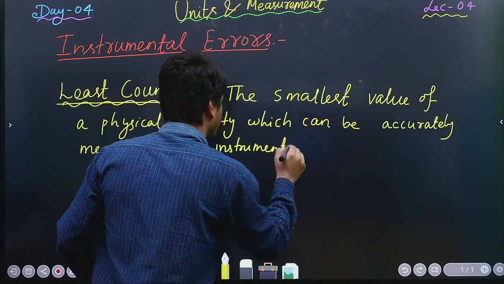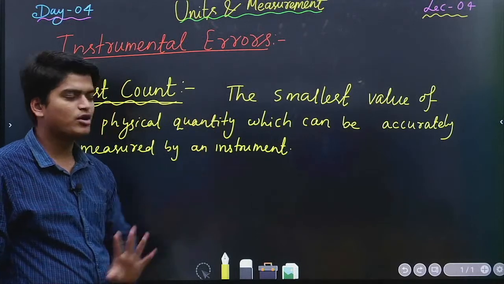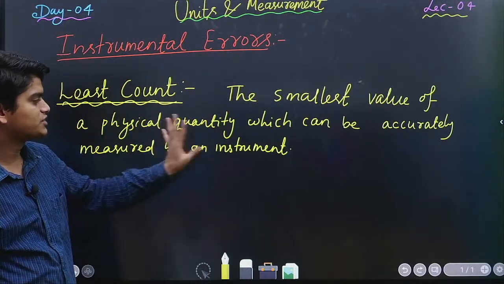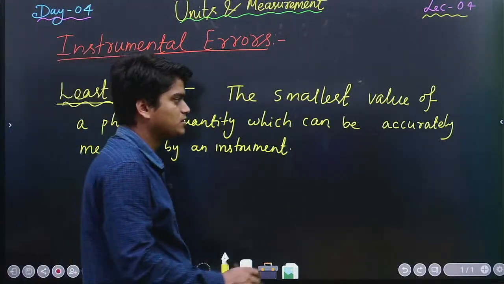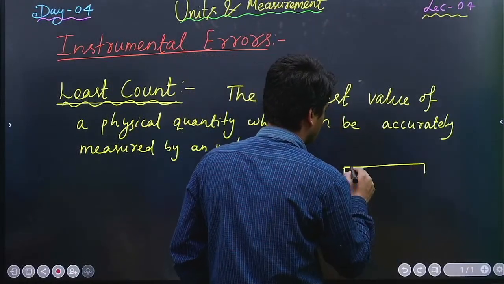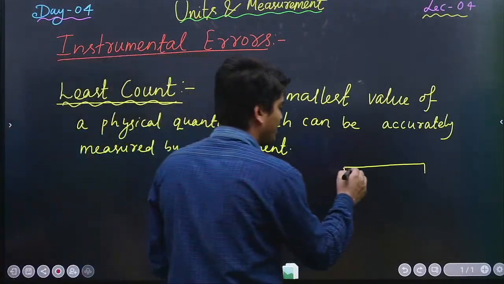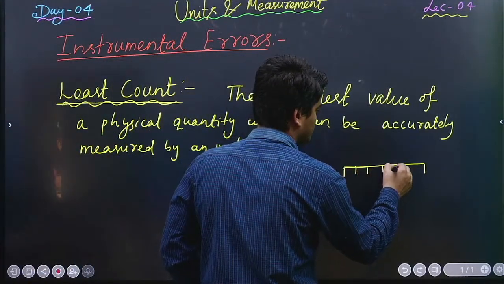So for this one, remember what the least count means. What is the minimum amount you are able to measure by one instrument accurately, or the smallest value you are taking of one scale physical quantity, measured by the measuring instrument.